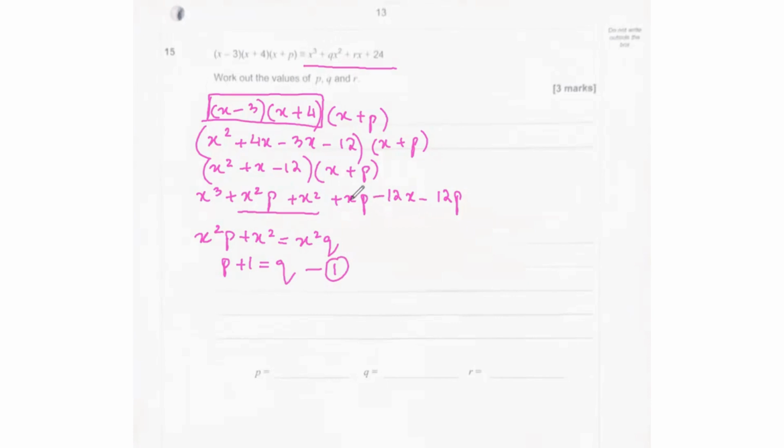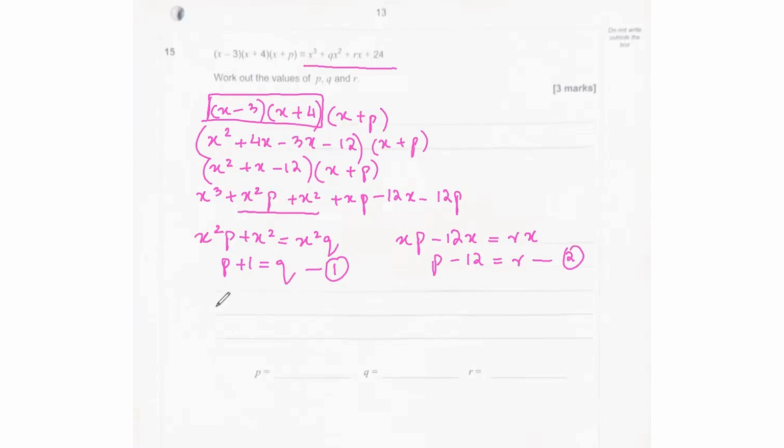Then, for the p, we have xp over here with negative 12p, and over here, for x, we have xp and negative 12x, and over here, we have rx. So xp minus 12x equals rx, which means p minus 12 equals r. That is your second equation.